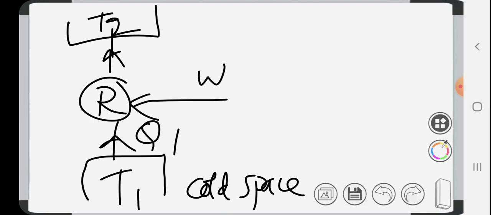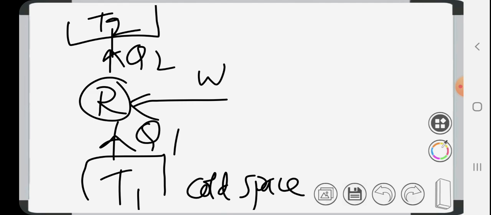So Q1 is the amount of refrigeration effect required, Q2 amount is rejected to T2, and W is the amount of work we are providing, right?